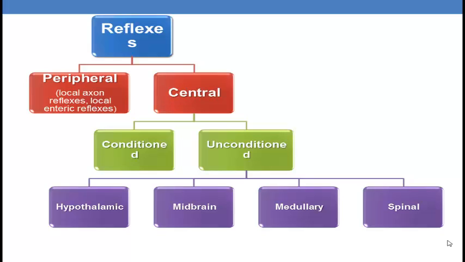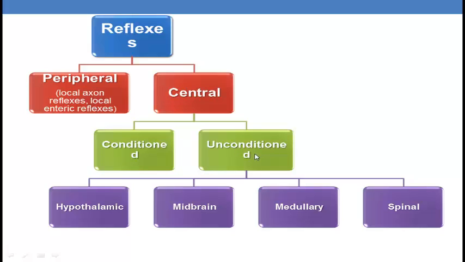conditioned or unconditioned reflexes. Conditioned reflexes are learned reflexes, and they need cerebral cortex to be formed. For example, you learn that association, it's a sort of association between certain stimulus and the response. So the response will occur when certain stimulus occurs. It is learned reflexes.